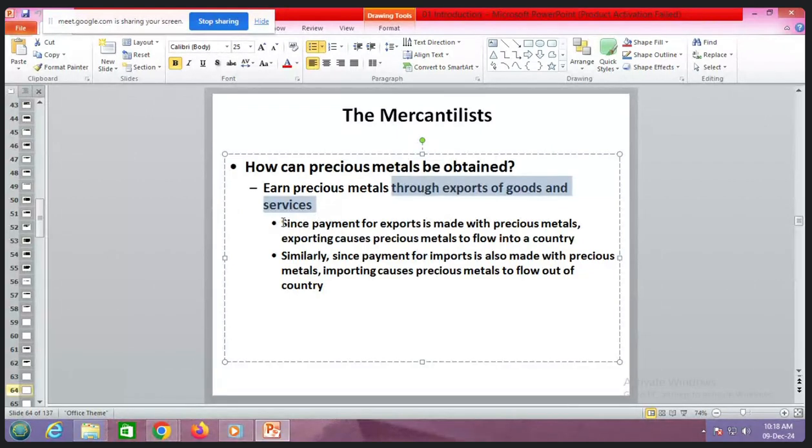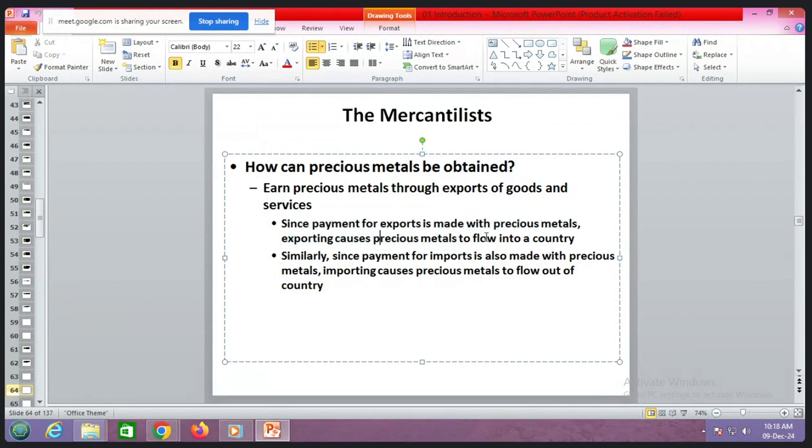So what is the mercantilist view here? That the wealth of nations is metals. Metals can occur naturally; if they are mined, you become rich. If you don't have the natural resources of these metals, you can earn them through export of goods and services, because the payment for export is made in precious metals.